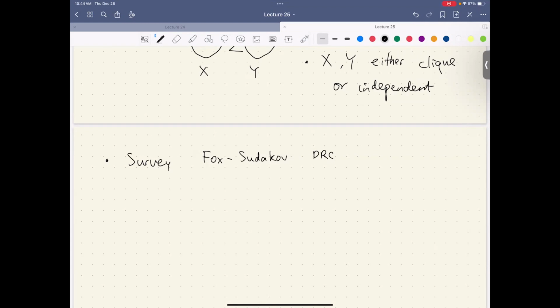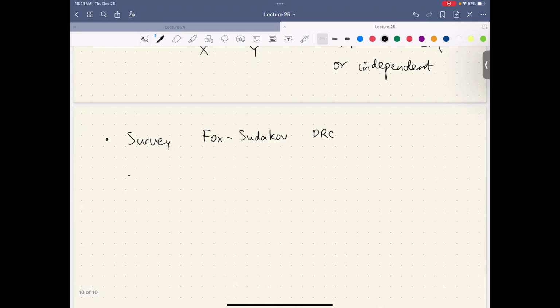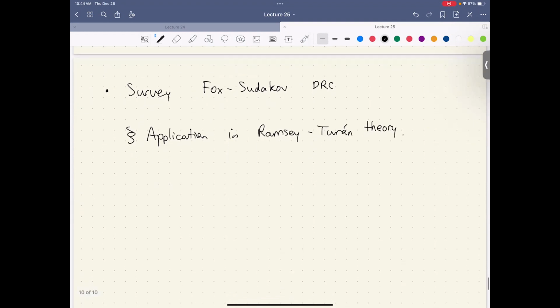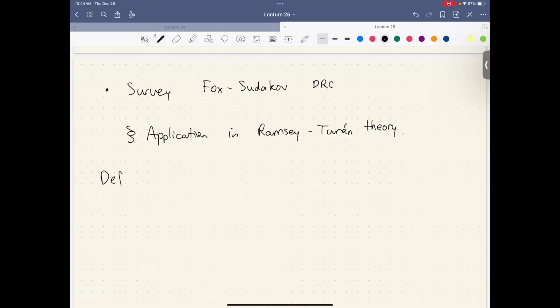It's an application in Ramsey-Turan theory. Let's first recall the definition of the Ramsey-Turan number.